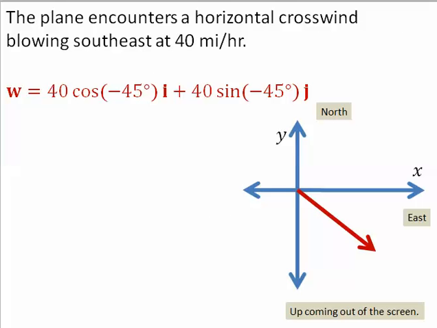The plane encounters a horizontal crosswind blowing southeast at 40 miles per hour. So W, the crosswind, is going to be 40 times the cosine of negative 45 degrees times i, plus 40 times the sine of that same angle times j.